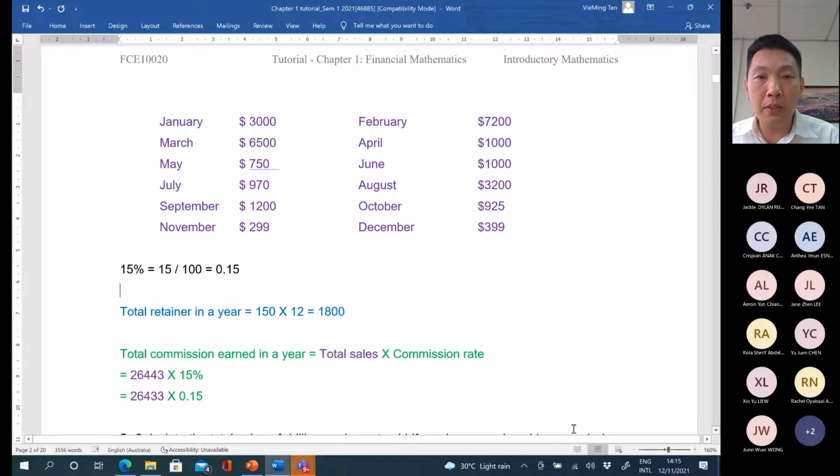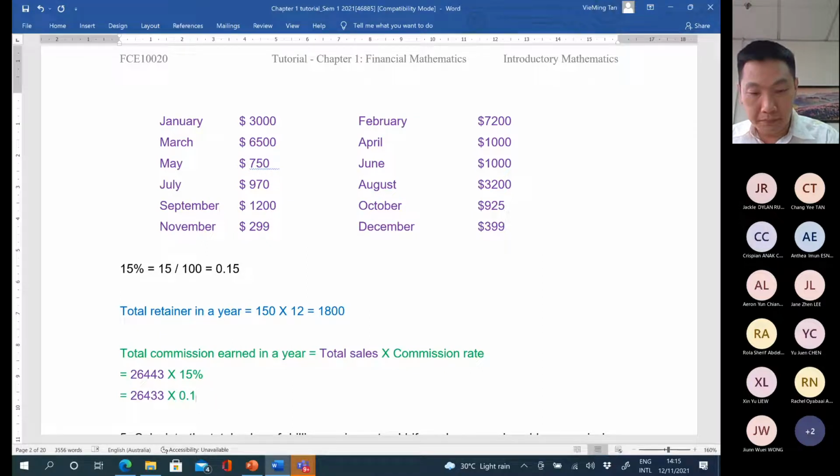Okay, then we use 26,443 multiplied with 0.15. What is the figure you get? Anybody? 26,443 multiplied with 0.15. What is the result you get? You need a calculator. Maybe you have already done this question.